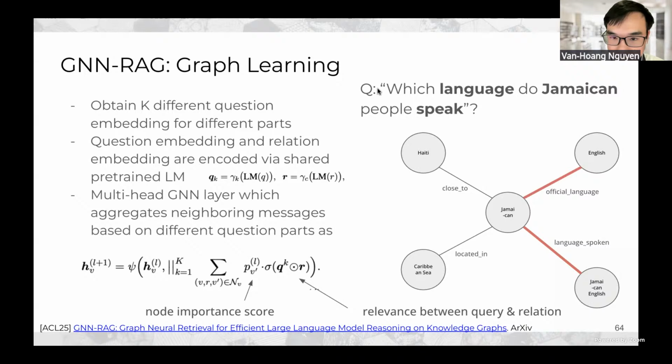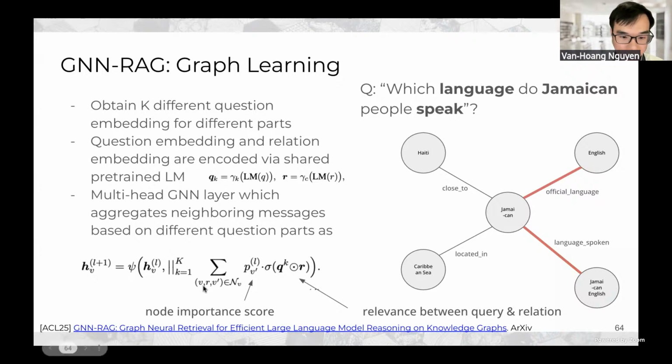In this case, the query has high relevance with these two relations, official language and language spoken. So the connections between the node Jamaicans and the nodes English and Jamaican English will be much higher than the connections between Jamaicans and other neighboring nodes such as Haiti or Caribbean Sea, which have less relevant relations.